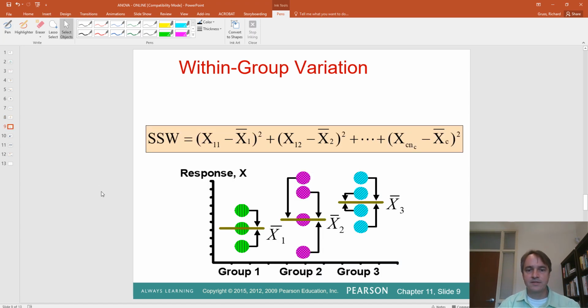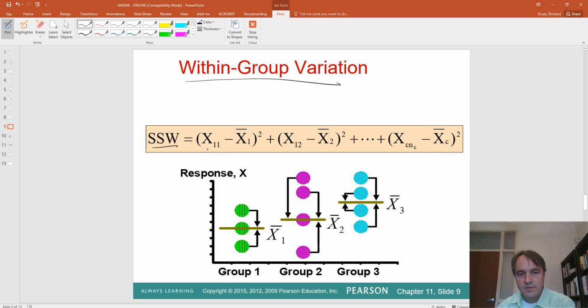Okay, so let's take a visual of what this looks like. Now we don't need to have that grand mean on there anymore. That's not part of this calculation. So the within group variation, SSW, is going to be taking the distance from each particular observation to that group's mean and squaring.